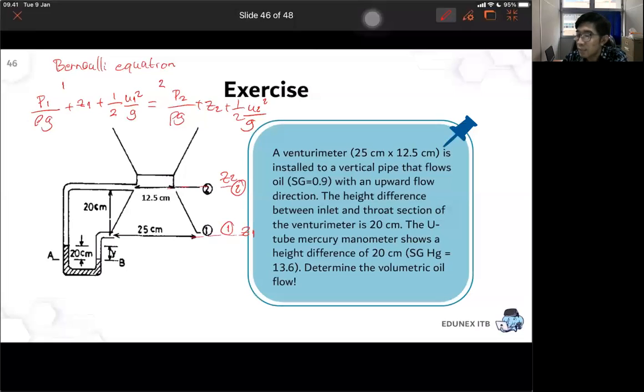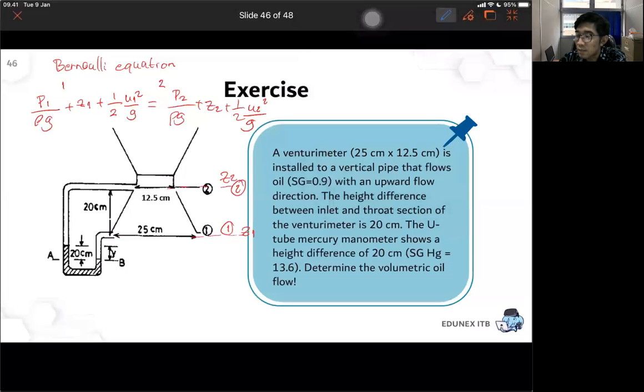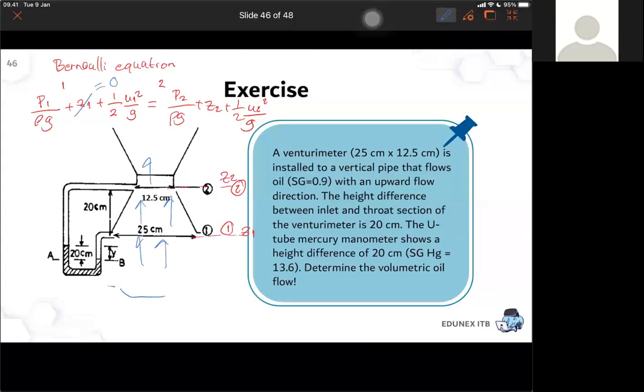So if you take the baseline of the position at point 1, then you can use Z1 equals 0. But sir, there's a difference in height, sir. Yes, of course, because the oil is moving upwards. It's different from the Venturi that we discussed before.